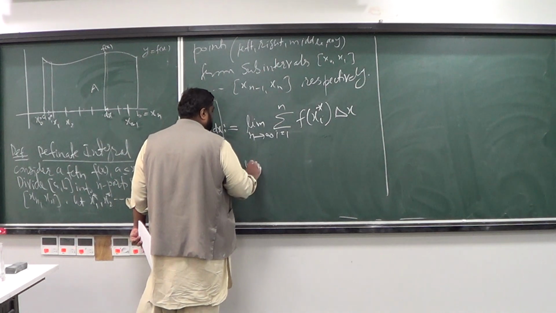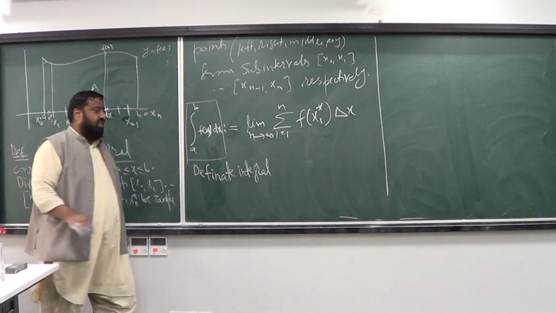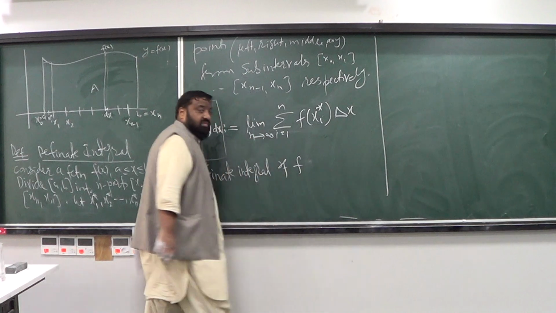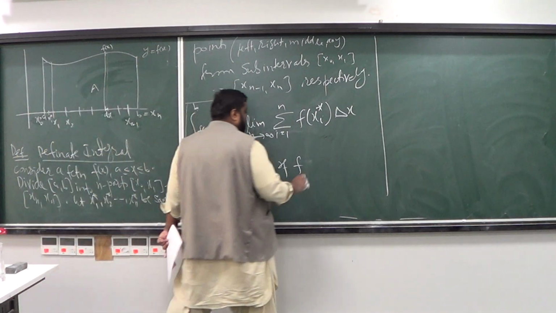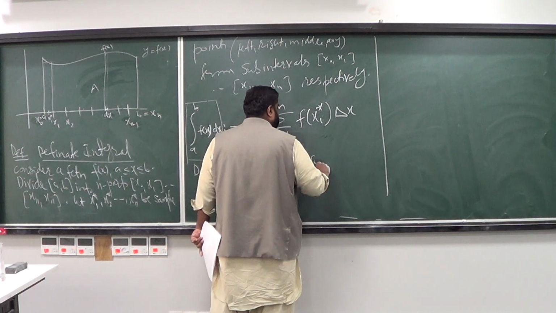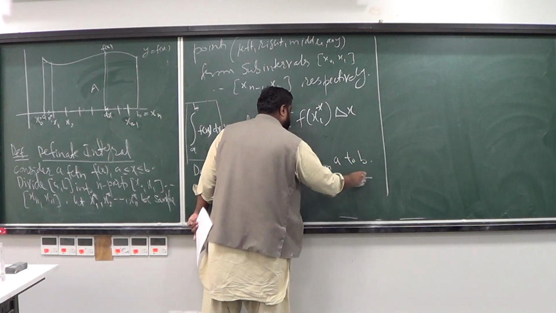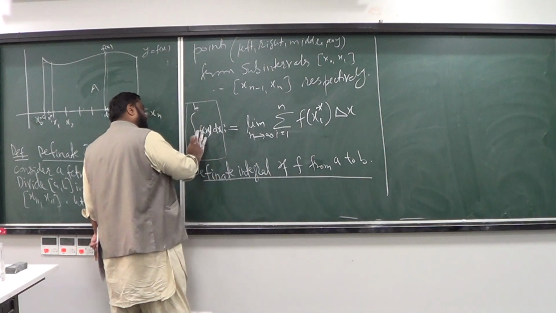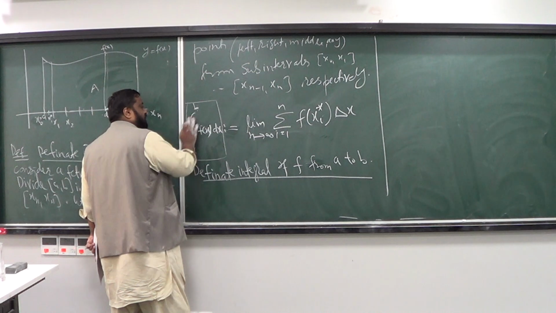It's a definite integral of f from A to B. So how do I read this? This is the definite integral of f from A to B.